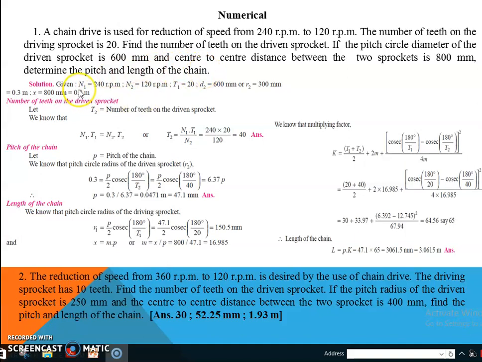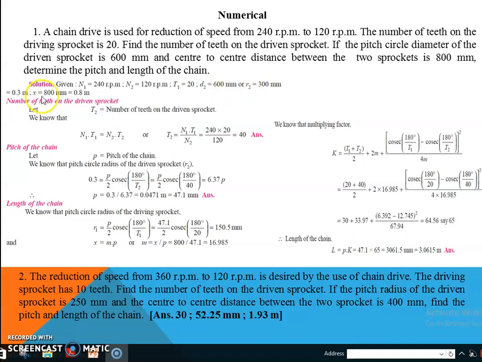So first of all, write down the given data. N1 equals 240 rpm, N2 equals 120 rpm. Then T1, the number of teeth on the driving sprocket, is 20. Then the diameter of the driven sprocket, D2, equals 600 mm.